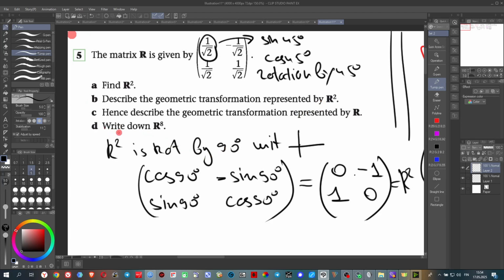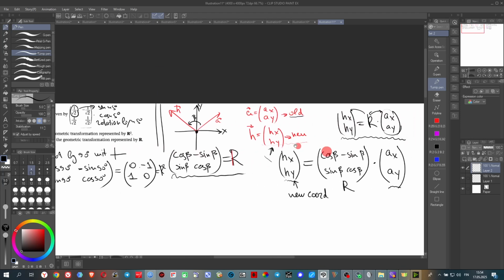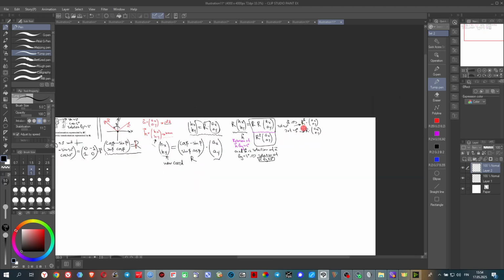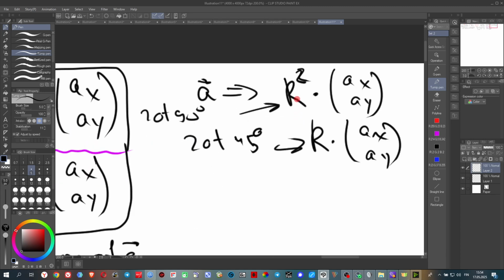And the last one, write down r to the power of 8. Again, it would be very inconvenient for us to multiply this matrix by itself 8 different times. It's very tedious. But we talked just now that r square is a rotation by 90 degrees.